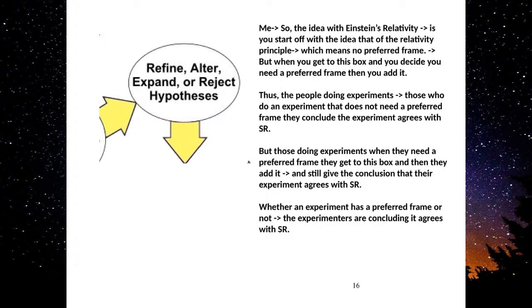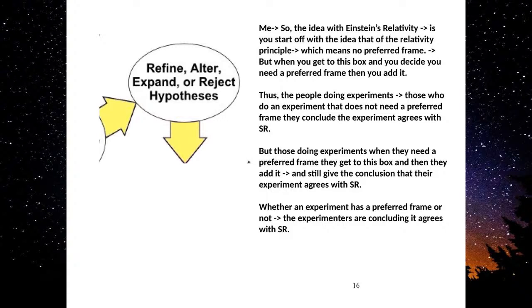So whether an experiment has a preferred frame or not, the experimenters are concluding it agrees with special relativity. So hence you can see from this going around in circles with the scientific method, it's just making a mess of the conclusions that people come to.